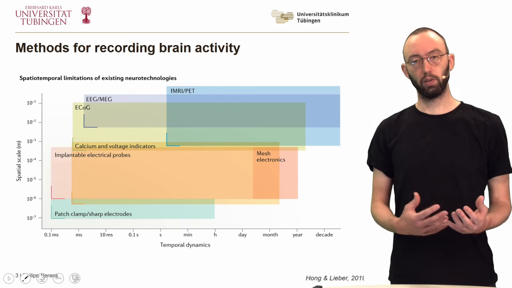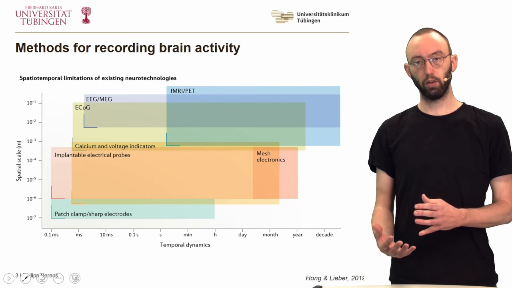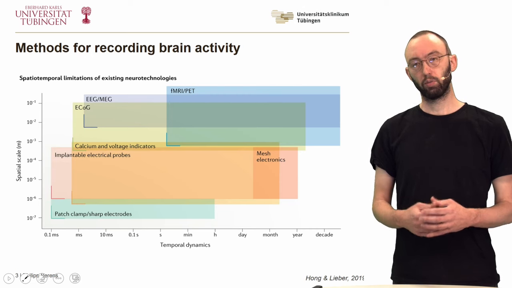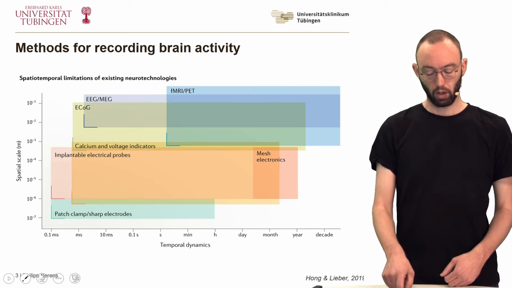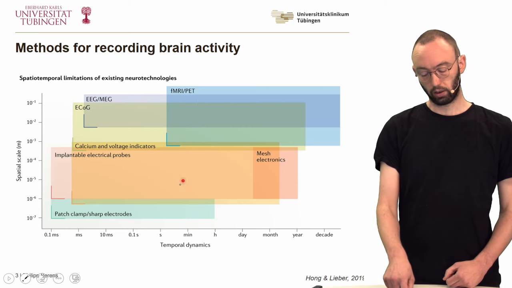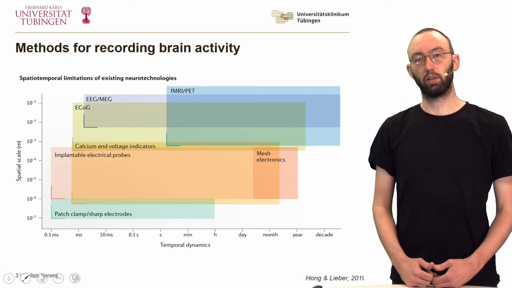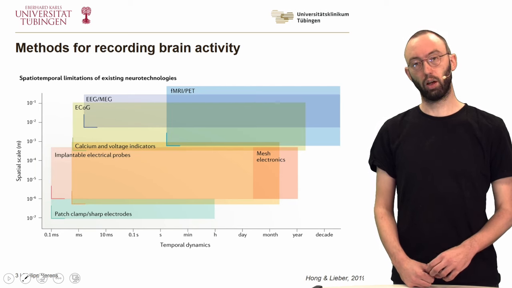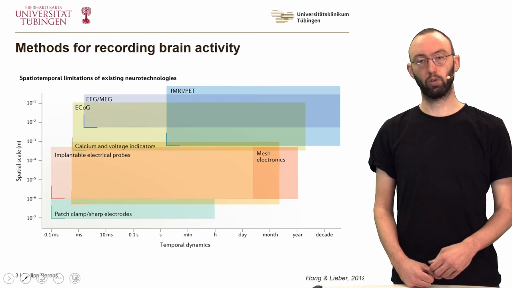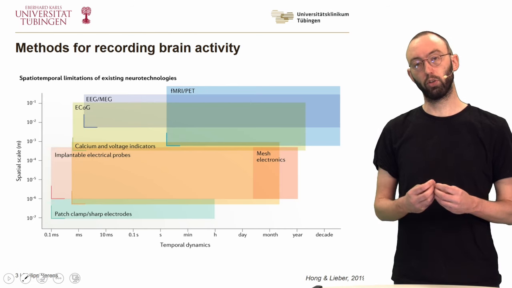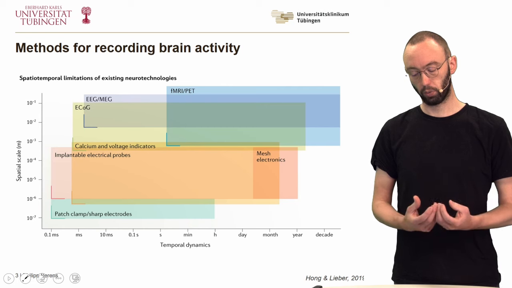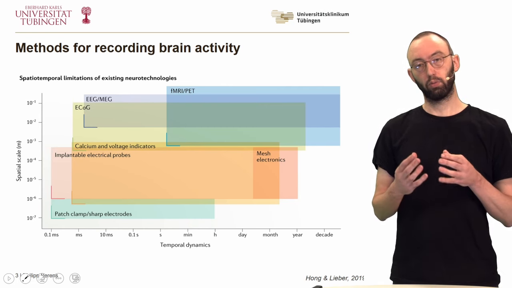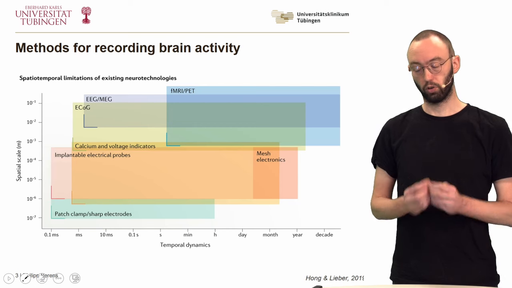Of course, some of the methods that we discuss will be also useful for these kind of data, but we won't cover them specifically. What we will talk about here in this course is rather techniques to record activity of neurons on a fairly short time scale, so fairly quick activity of neurons, activity that allows you to monitor individual action potentials or spikes, and also at a fairly small spatial scale, so that allows you to resolve individual neurons.